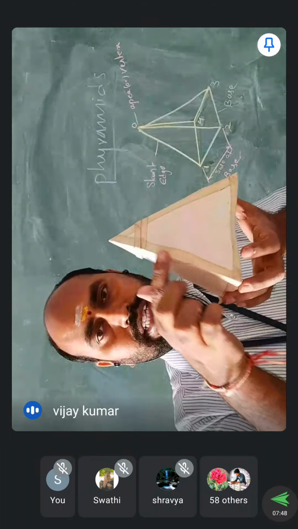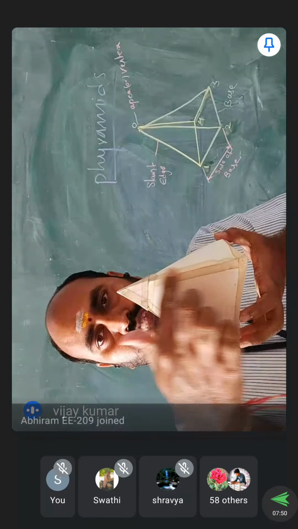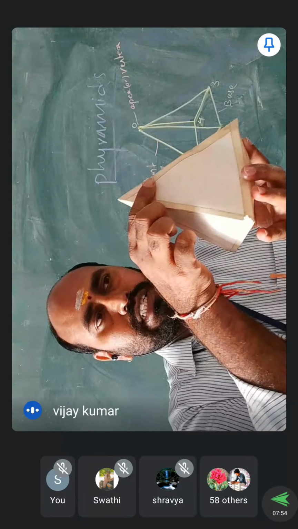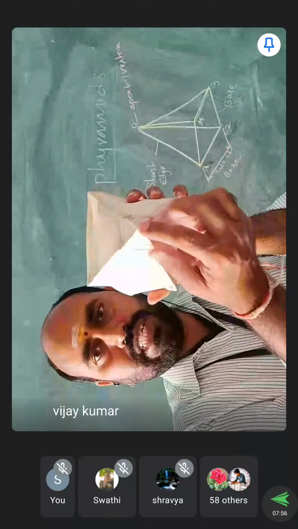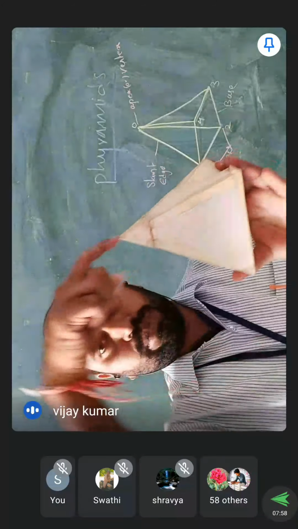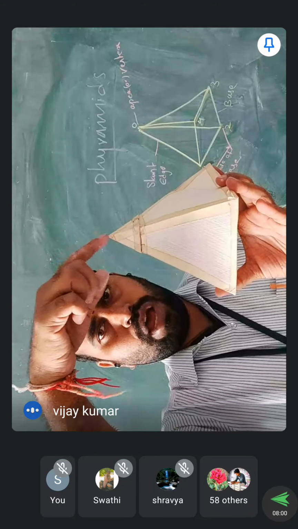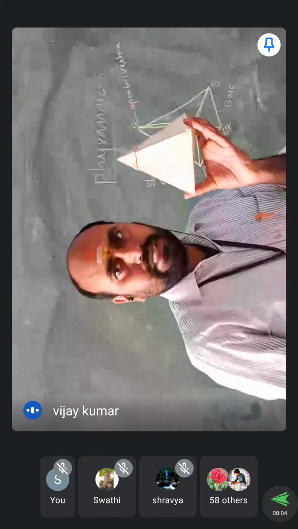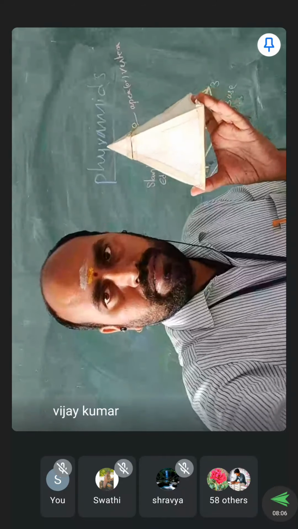So this edge is called a slant edge and there are 4 slant edges. These are all the isosceles triangles which are joining at a topmost point. You can see this one. This topmost point is called the apex. That's why I am saying apex or vertex, right?